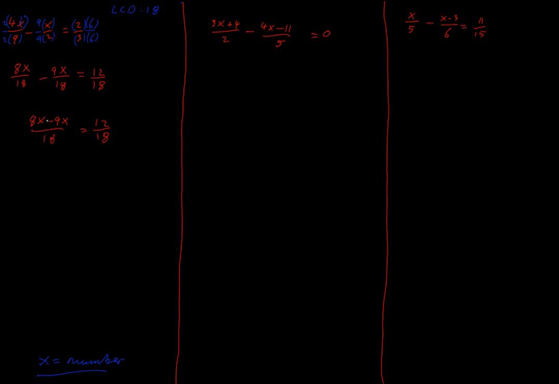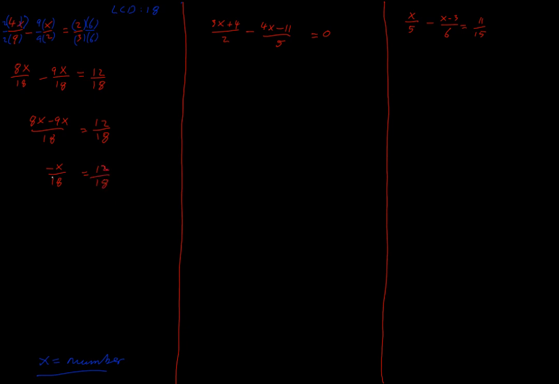That's really why we want to have one fraction with the same denominator on either side of the equation. It helps us to avoid mistakes. And we can do a little bit of simplifying here. I have 8x minus 9x, so I have minus x over 18 equal to 12 all over 18.